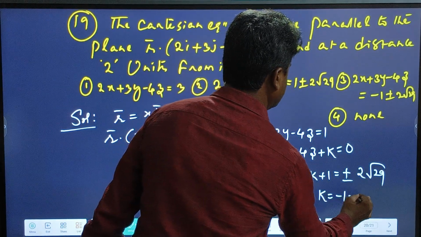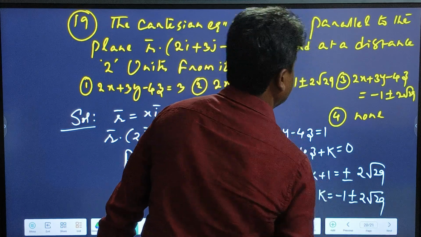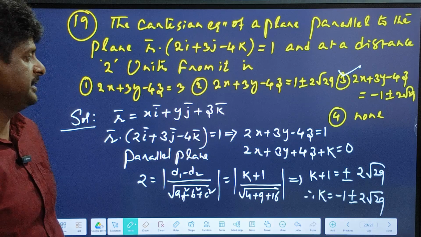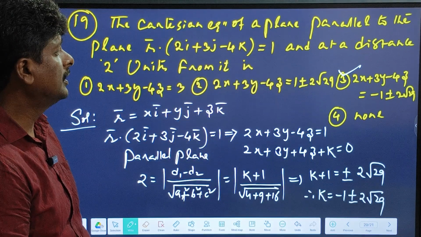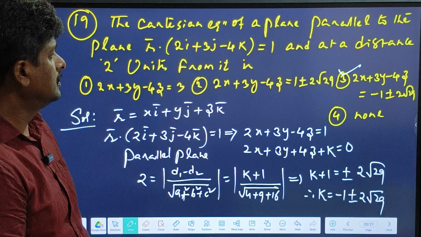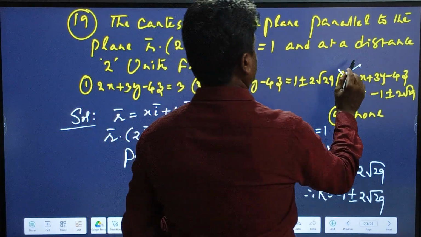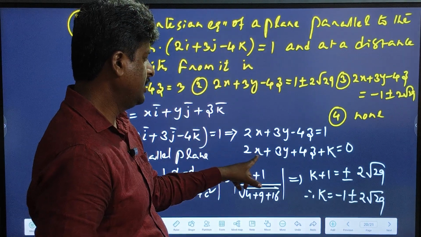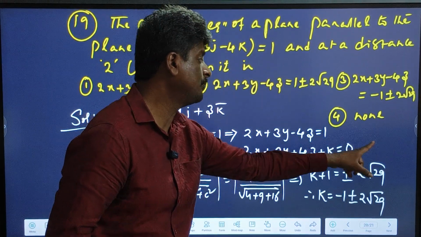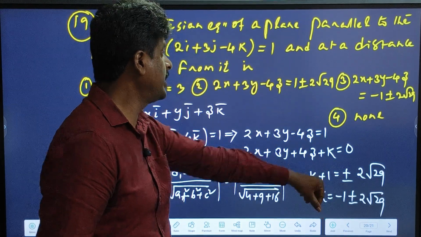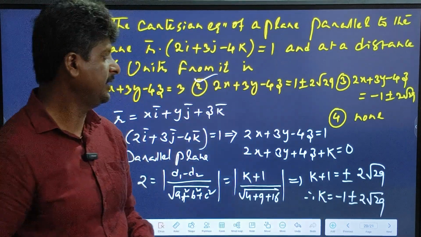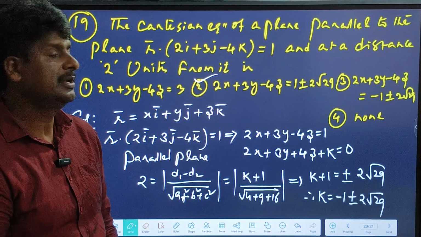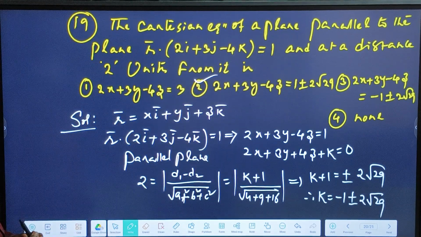Therefore k is equal to minus 1 plus or minus 2 root 29. While substituting here, we get 2x plus 3y plus 4z is equal to minus k, and minus k will be 1 plus or minus 2 root 29. Looking for the option in the form 2x plus 3y plus 4z is equal to minus k, so the second option is our answer.